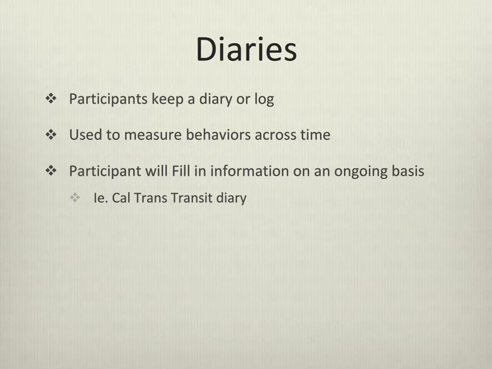Just as a simple example, I was asked to participate in a study for Caltrans. They asked me for a 24-hour period to keep track of everywhere I went by any mode of transit, whether it was my feet or my vehicle, a bicycle, whatever it was. This was pretty easy for me to do since it was while I was on maternity leave.